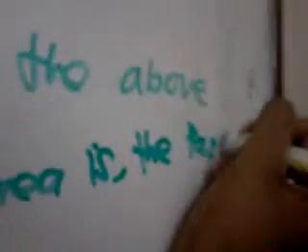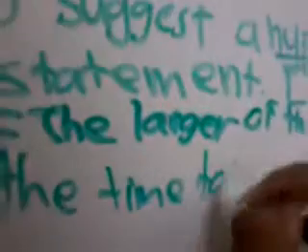But I don't think the time taken could be slower. So the answer is that the time taken could be faster. You need to remember the word faster for the time taken. So the answer is written as: the faster the time taken.